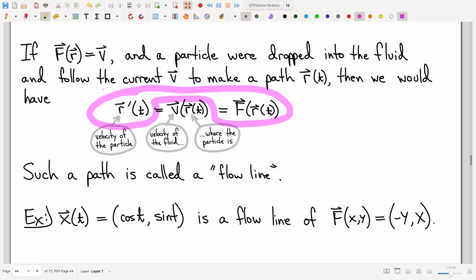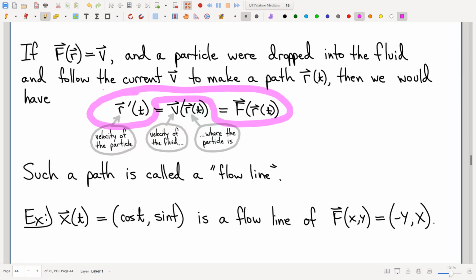It's a differential equation because there's an equal sign and there's a derivative. I say it's a system of differential equations because position is vector valued. There's actually several coordinates here. In my metaphor about the leaf, there's two coordinates, x and y. And that means this is a two-dimensional vector field.